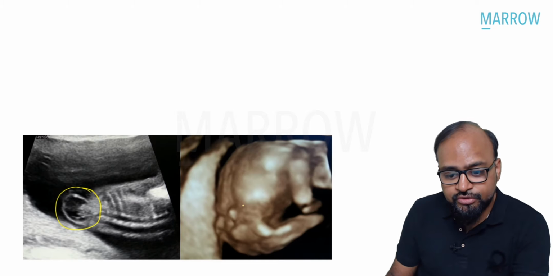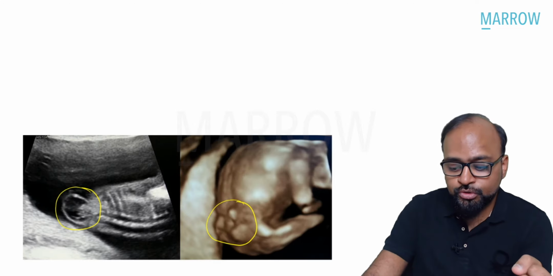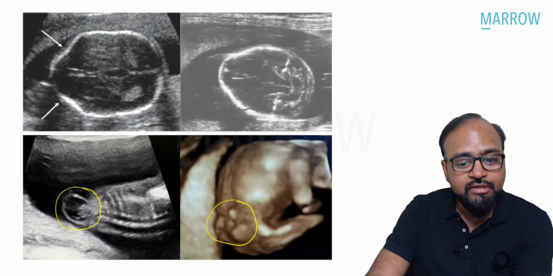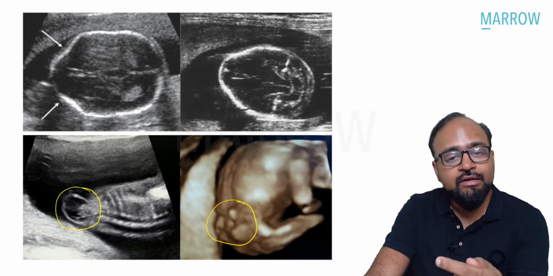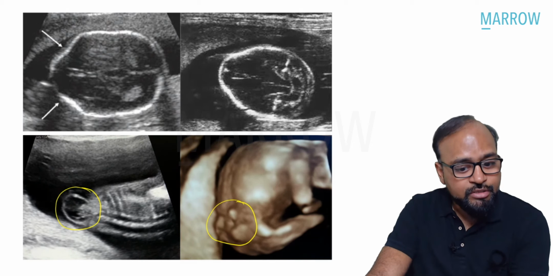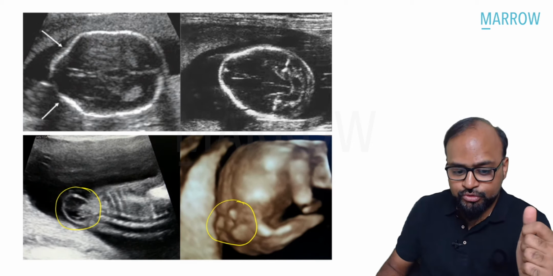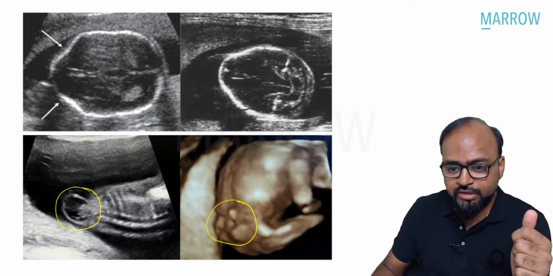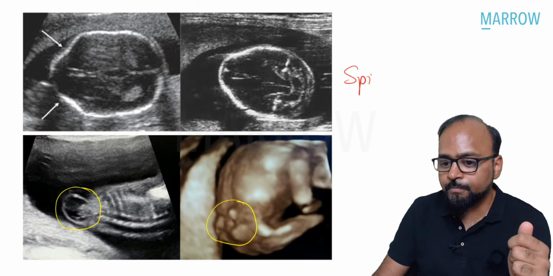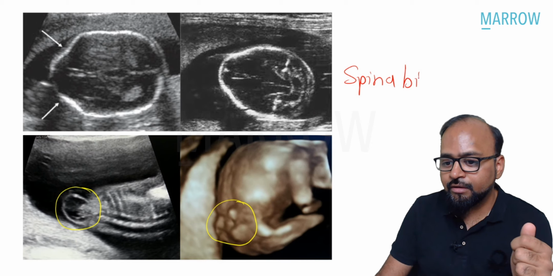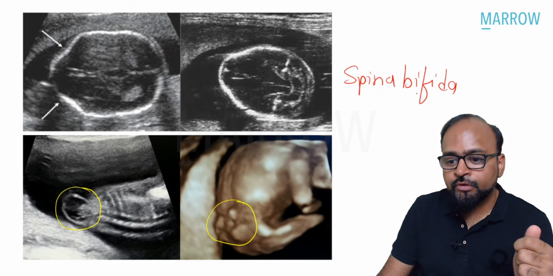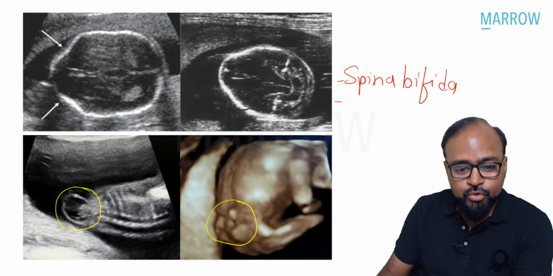A 3D reconstructed image of the lower back is showing that sac over here. So the diagnosis, along with lemon-shaped skull and a banana sign on ultrasound, is a lumbar meningomyelocele. What is the diagnosis? The diagnosis is spina bifida, right?